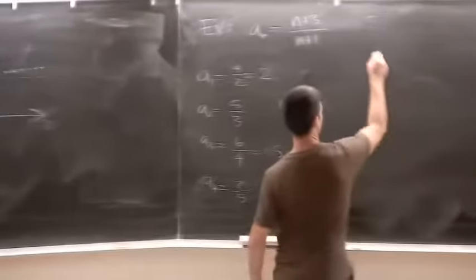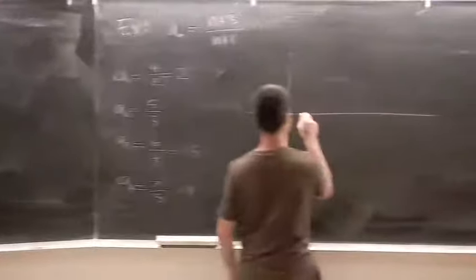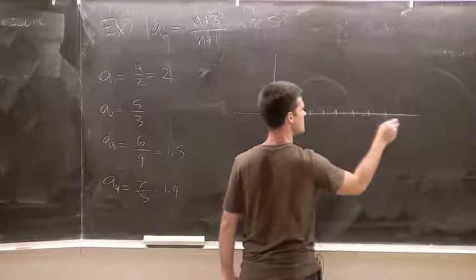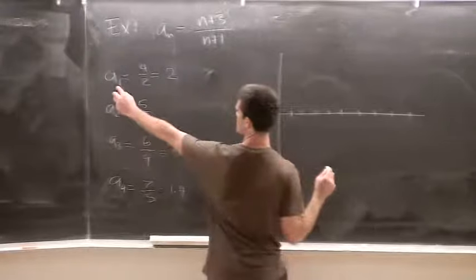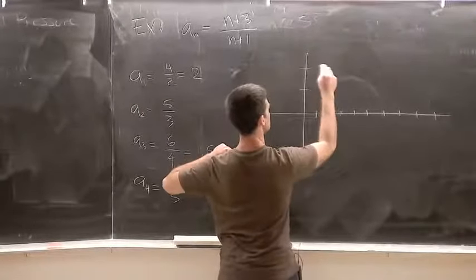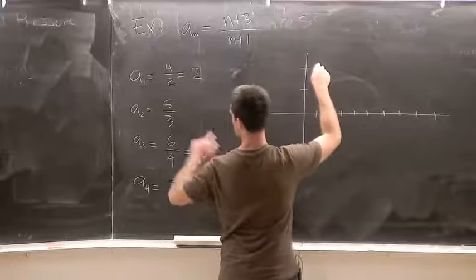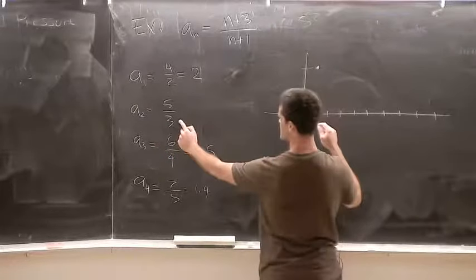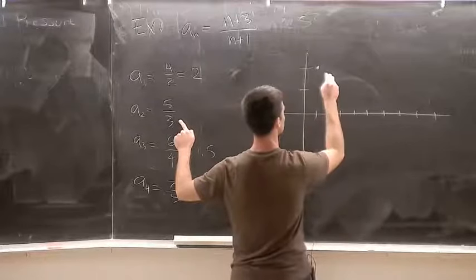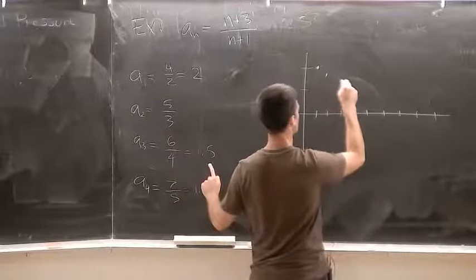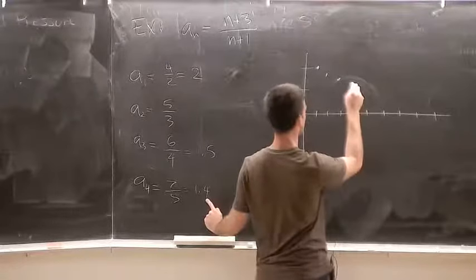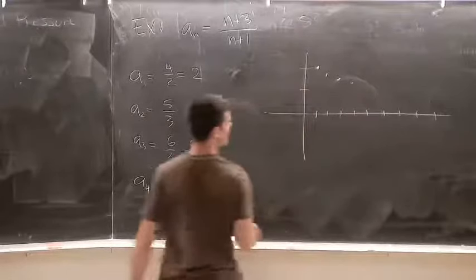Let me try plotting some of these. Okay, so we started off, the very first one was 2. And then, let's see, A2, what is that? It's like 1.6 or something. 1.5. 1.4.